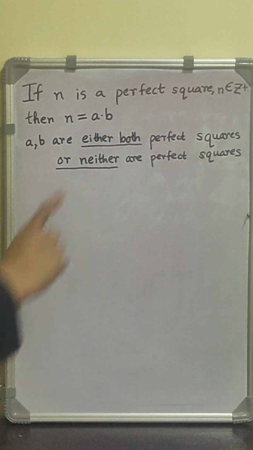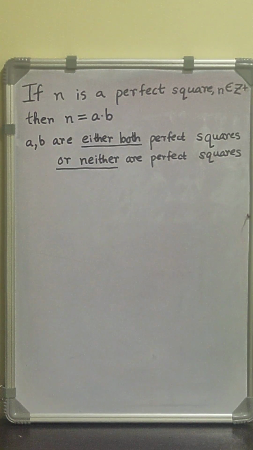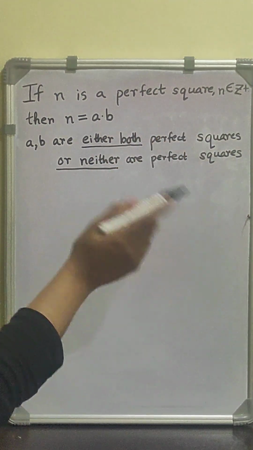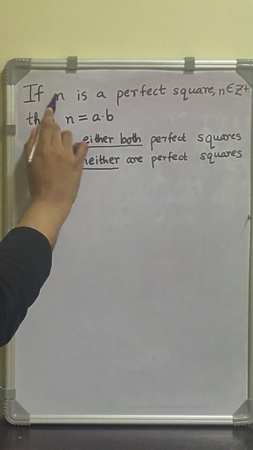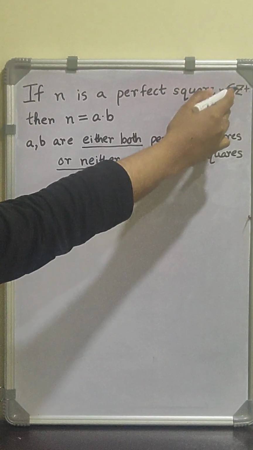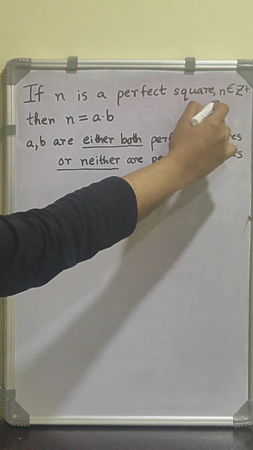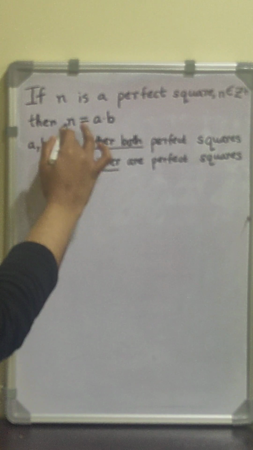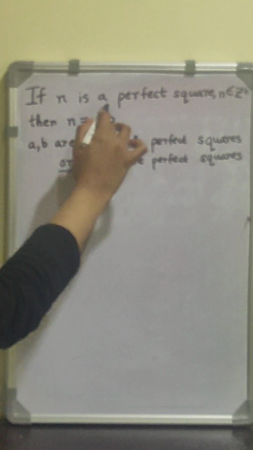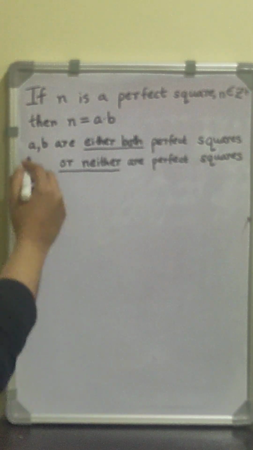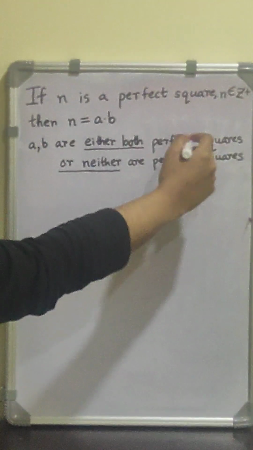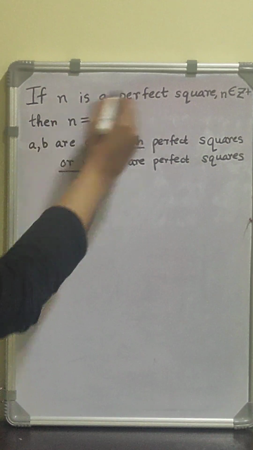So today I have another topic in number theory on perfect squares, where we are saying that if n is a perfect square of a positive integer, and we've seen this many times in other videos, then if we express n as a product of a and b, then a and b are either both perfect squares, or neither of them is a perfect square.